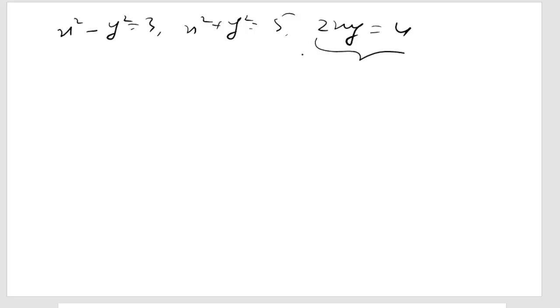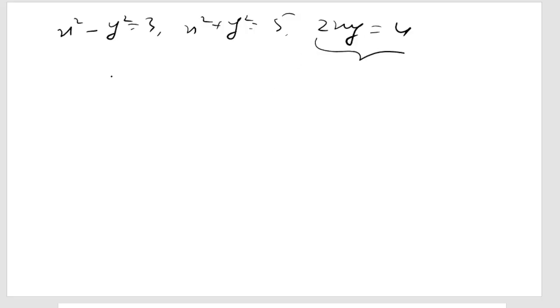We got 2xy equals 4. Now you observe that what does it mean? This is the critical condition.